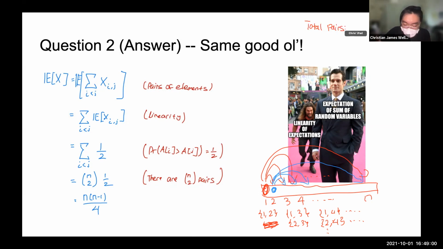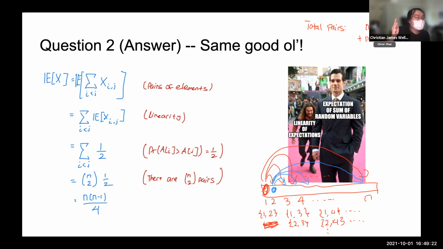It's n minus 1, not n, because 1 is already considered, right? Then how many pairs are there with 2 on the left side? Is it n minus 1? Is it n? Right, n minus 2.